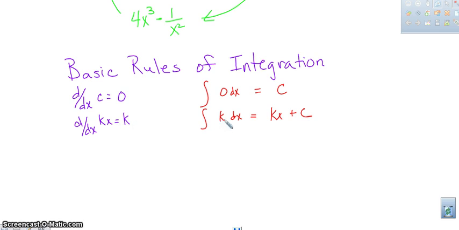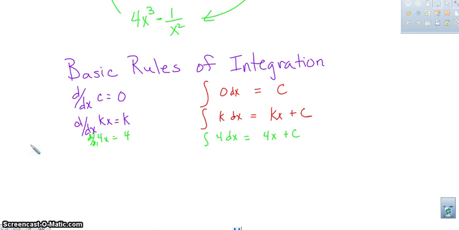If I work backwards, if I start with just some number like 4, I get 4x. So if I have the integral of 4 dx, I take the antiderivative and get 4x plus some c. What we've done before, we always said the derivative of 4x is 4. So you can see how you're just working backwards.